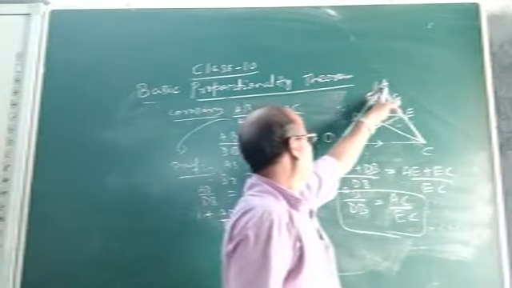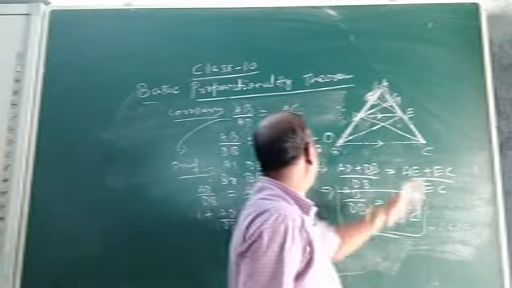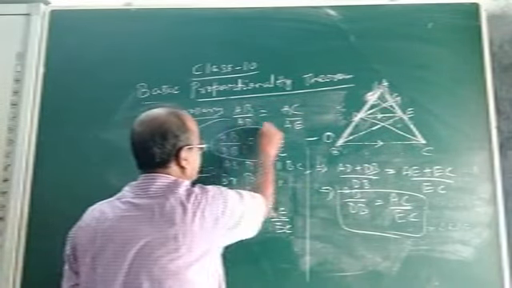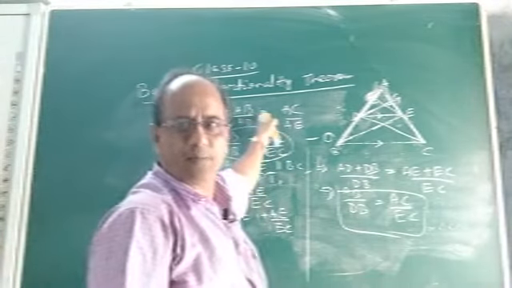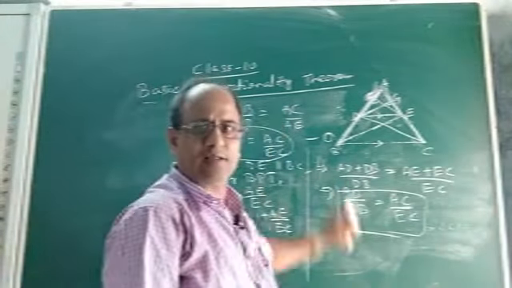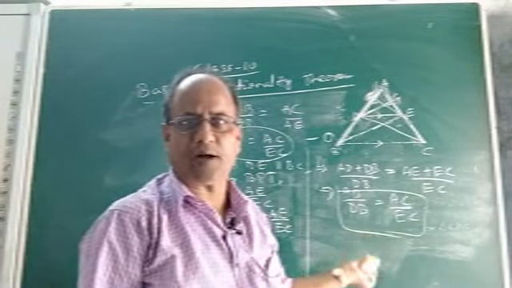So we got AB by DB equals AC by EC. Similarly, we can prove the other parts, that is the corollaries, from the basic proportionality theorem.